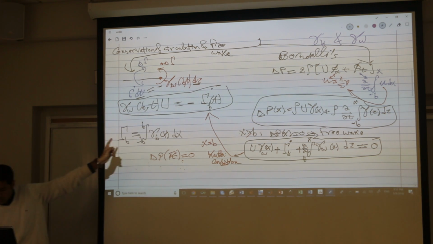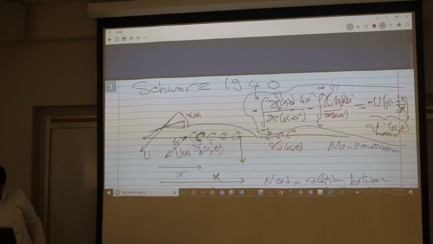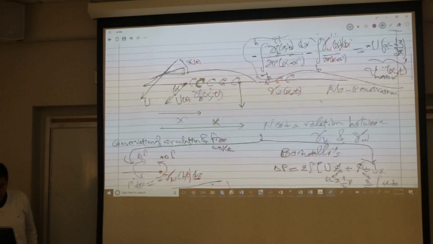But yeah, you said this is at the trailing edge. We want to establish a relation between gamma wake at any point and gamma bound. So you got now gamma wake at the trailing edge, but I can't relate it to gamma wake at any point.